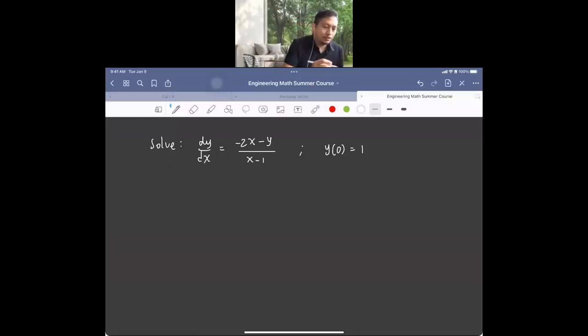Okay, now if we see from this differential equation, we can rewrite it as x minus 1 dy and negative 2x minus y dx.